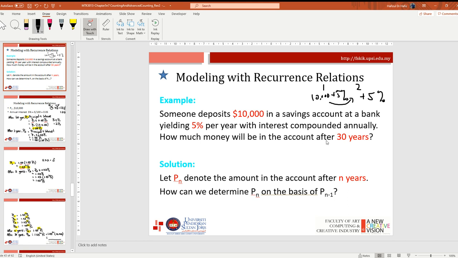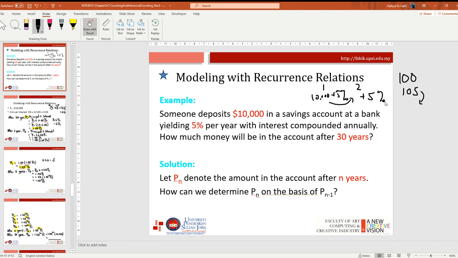Compounded maksudnya dia akan bertambah setiap tahun daripada pokok. Misal kata kita ada 100, tahun berikutnya dia akan tambah RM105. Okay, daripada yang ni, lepas tu dia akan tambah lagi 5% daripada yang ni lah. Berapa?